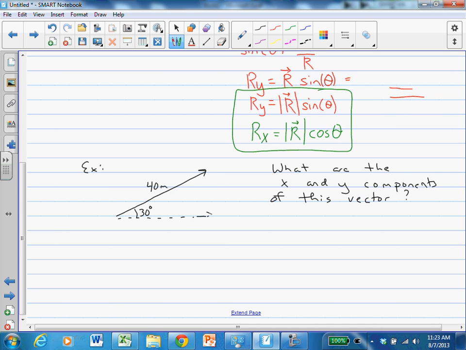We could call this Rx and this Ry, okay? And Rx equals R cosine theta, and Ry equals R sine theta.